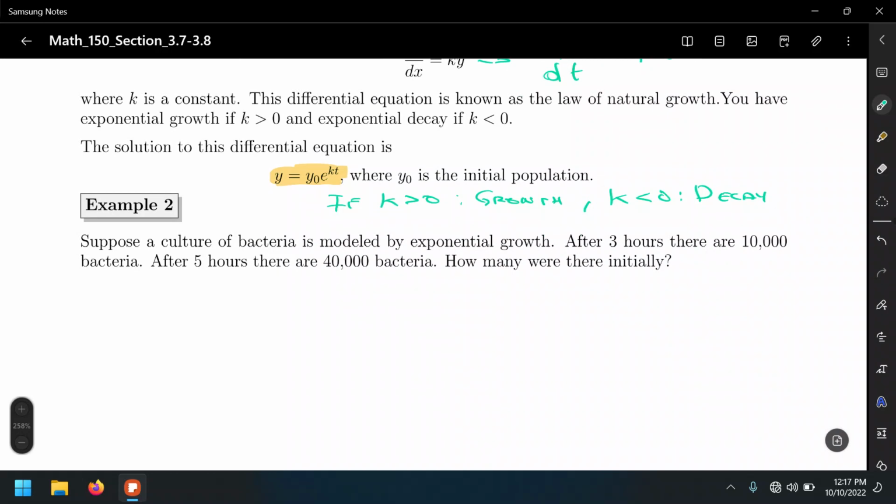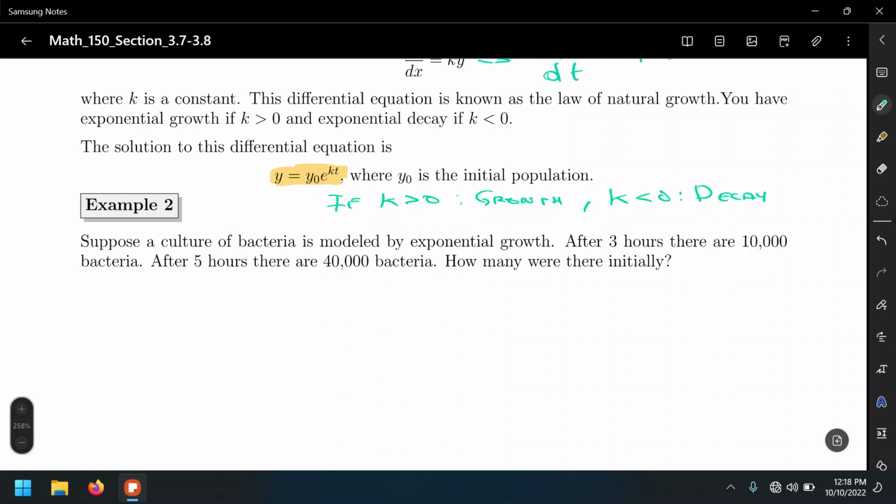How many were there initially? Even though this looks like x and y and x and y, this is not going to be the information to find the slope between 2 points, because this is not a linear function. Population doesn't grow at a linear rate, it grows at an exponential rate.